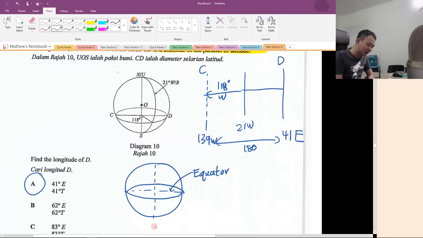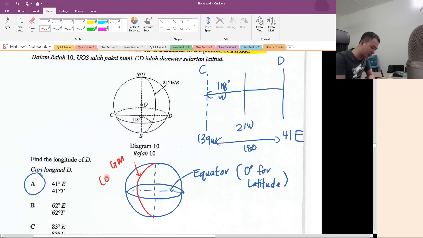Equator means it's a 0 degree for latitude. The longitude basically will be one line called Greenwich meridian. Greenwich meridian will be a 0 degree for the longitudes.